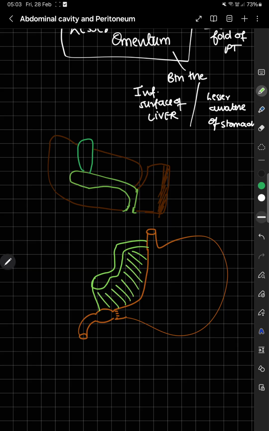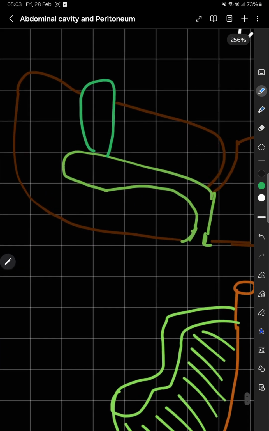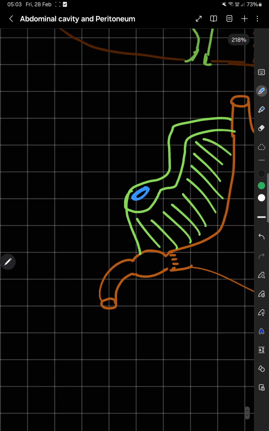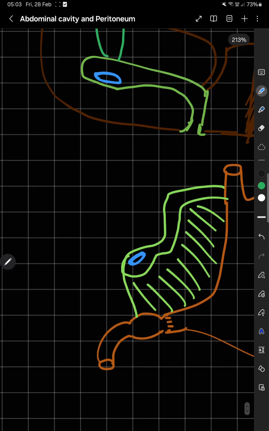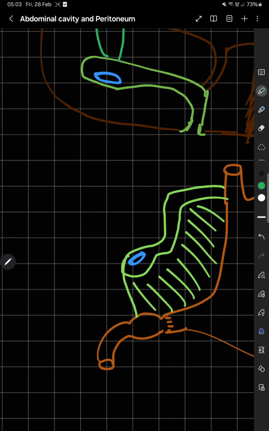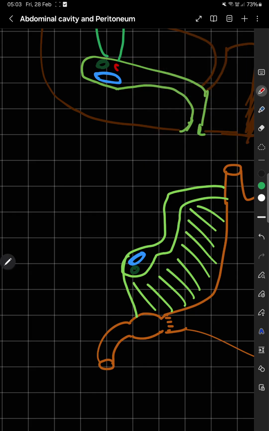Fine. Now the most important part is the duct system over here. We have the portal vein, the dark green color of the bile duct, and the red color of our hepatic artery.